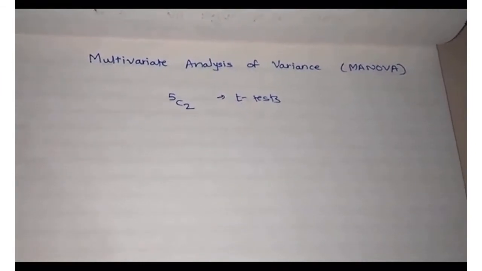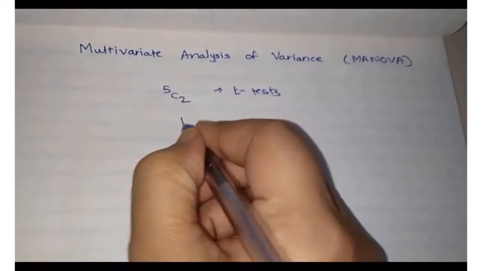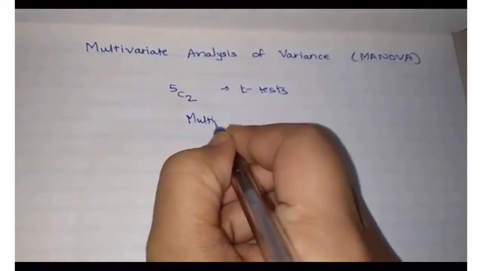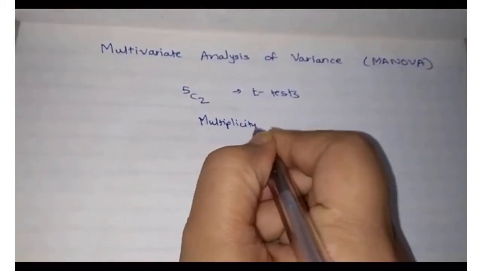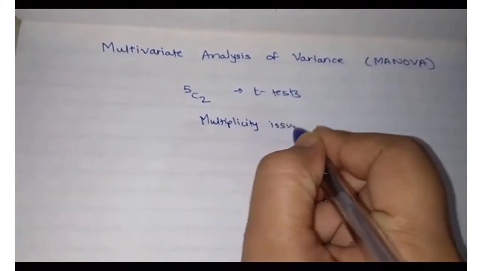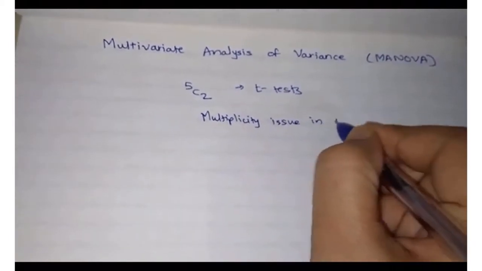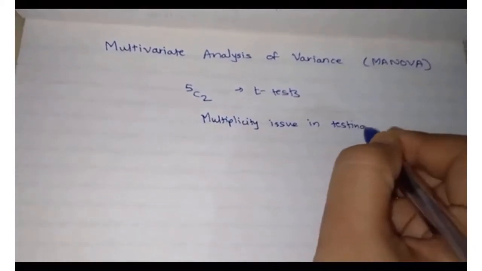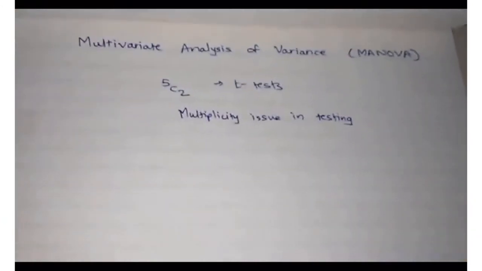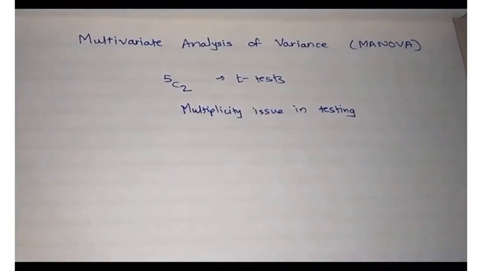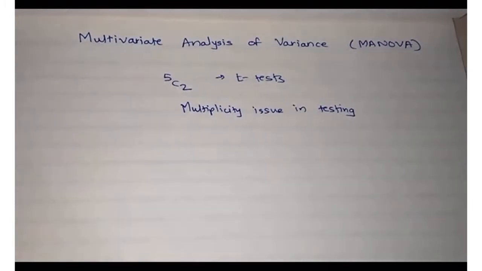One important reason is related to what is known as the multiplicity problem or multiplicity issue in testing of hypothesis. Now, what is this issue? See, all of us know that no statistical test is 100% perfect.